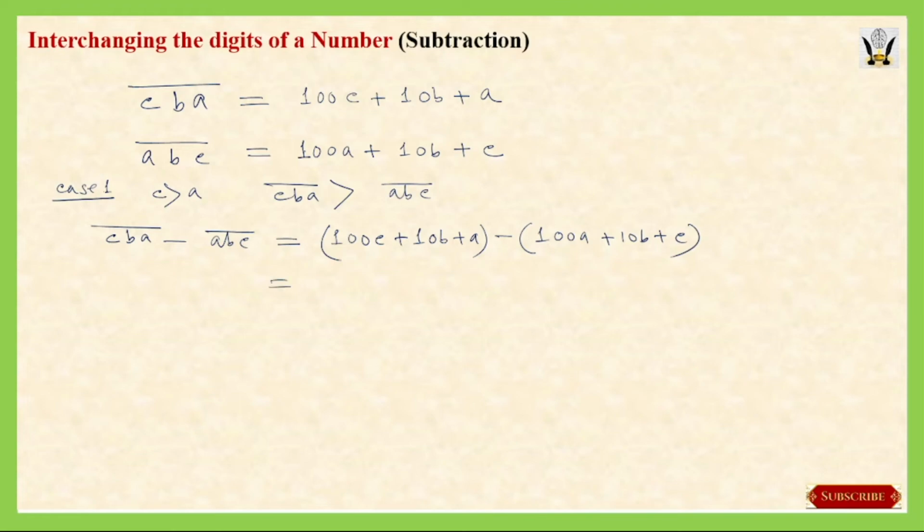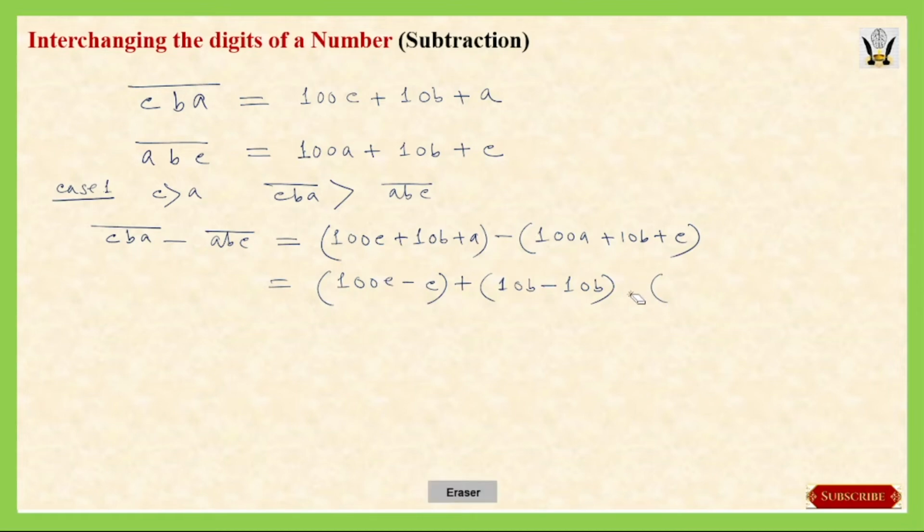Now what we will do, we will separate all the A's, B's and C's. So if we do that, then from 100C we will subtract this C. Here we have minus, so it will be minus C. Next we will have 10B, and here again we have another 10B. So in the second part, we will be having this subtraction, and then we have A and then minus 100A.